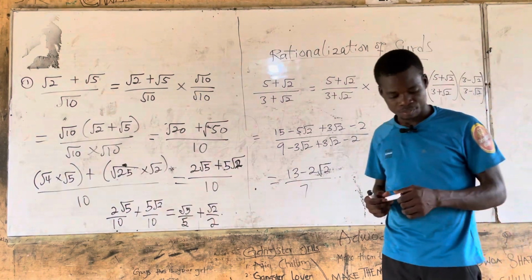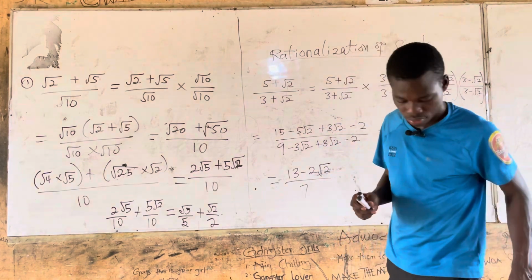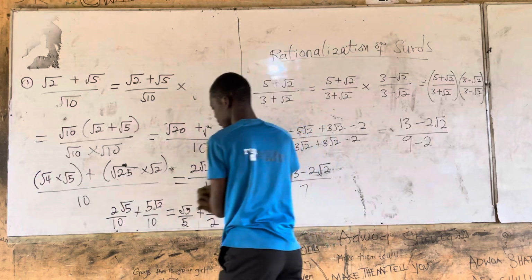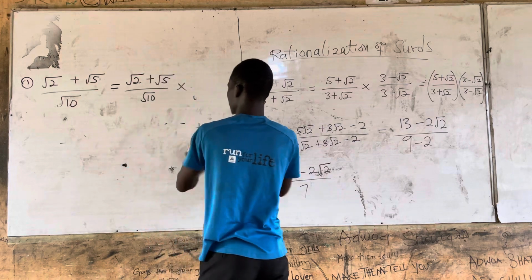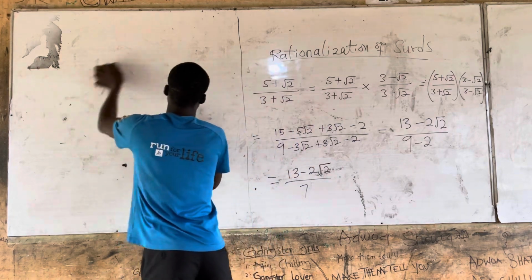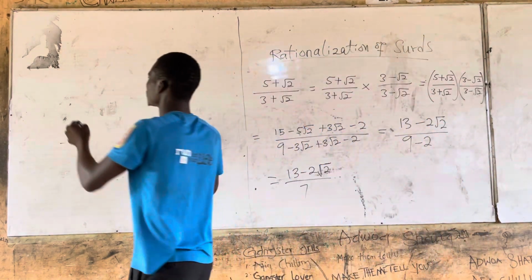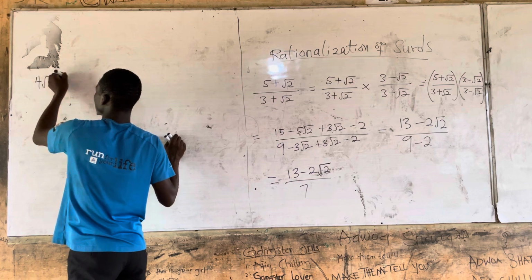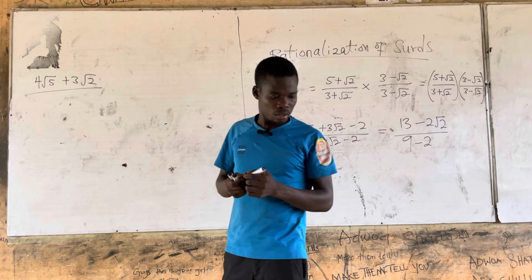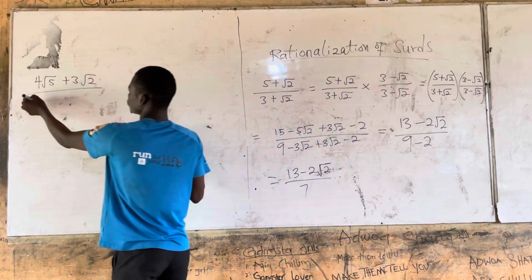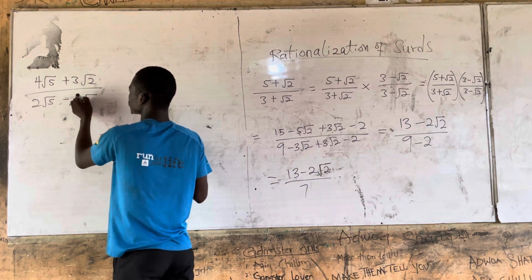So now let's take another example. We are to simplify 4 root 5 plus 3 root 2 all over 2 root 5 minus 5 root 2.